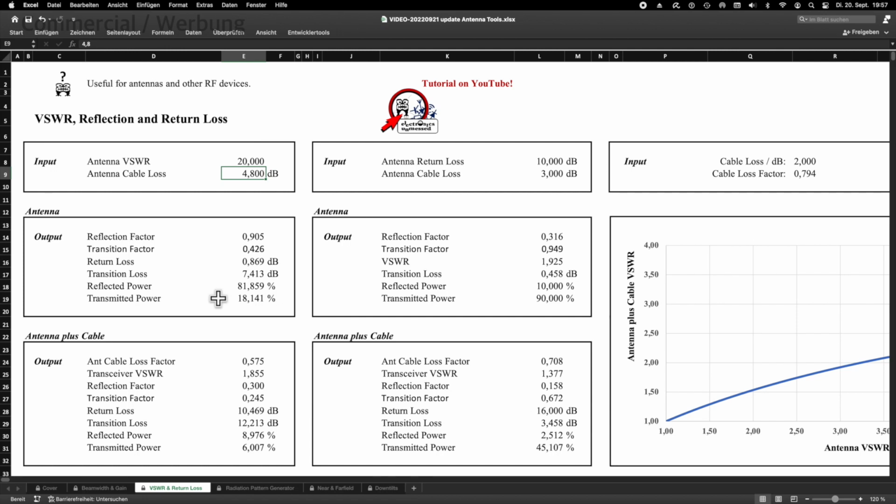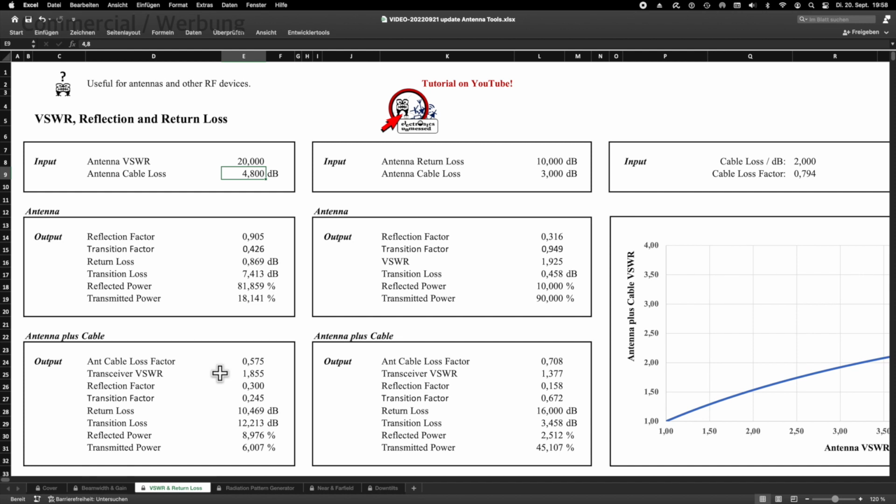But we would hardly notice it on the transmitter side, since the VSWR with the value 1.8 is not that bad. I think the effect becomes quite clear with that. Degradation of the antenna would be hardly noticeable with such an antenna feed line.